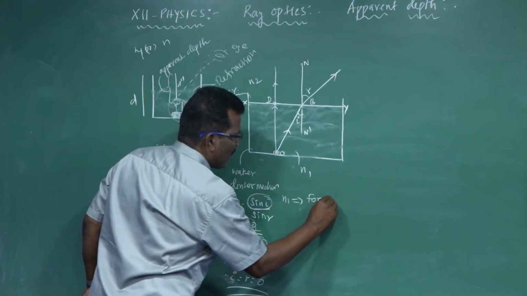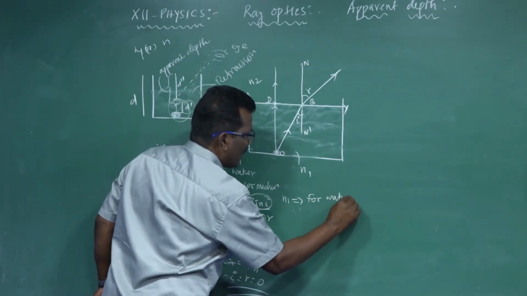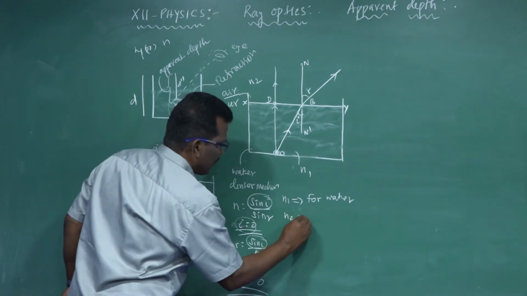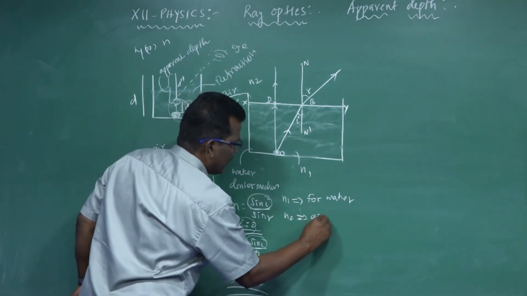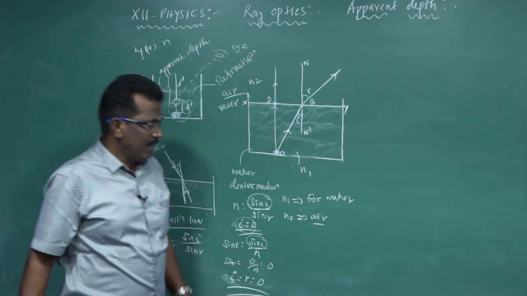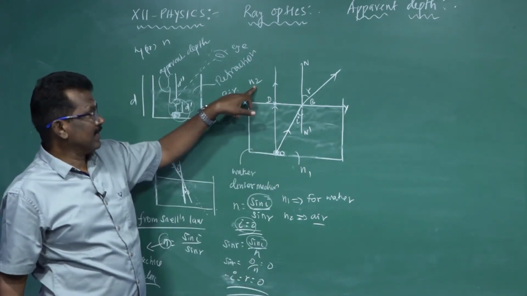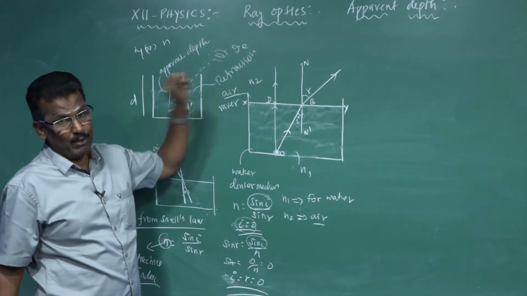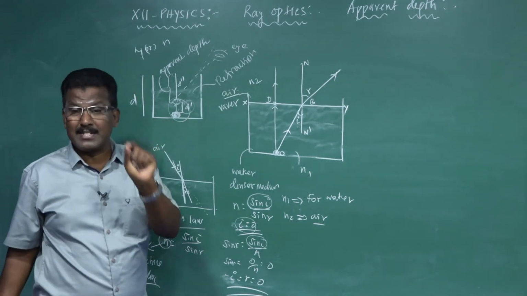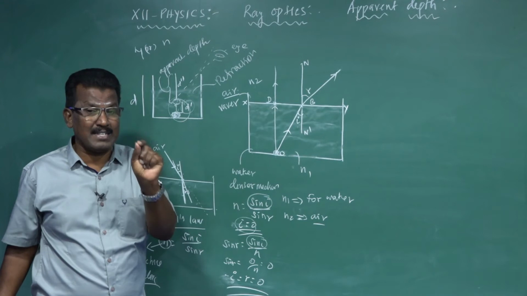N1 is for the denser medium or water, N2 for air or the rare medium. N1 represents the refractive index of the denser medium, and N2 represents the refractive index of the rarer medium. We know that the refractive index of the denser medium is always greater than the refractive index of the rarer medium.